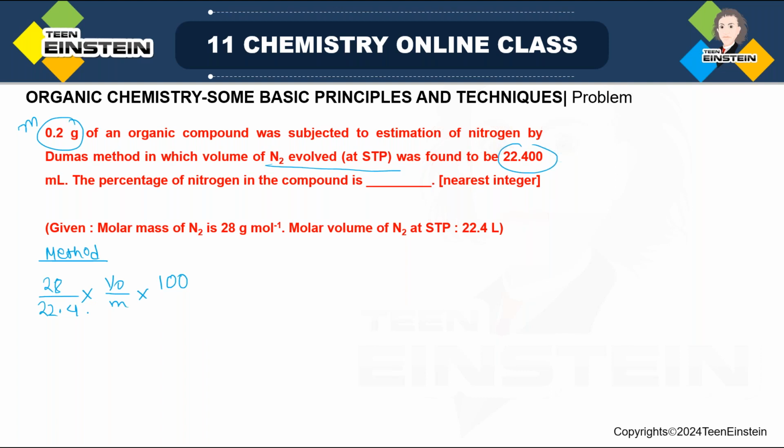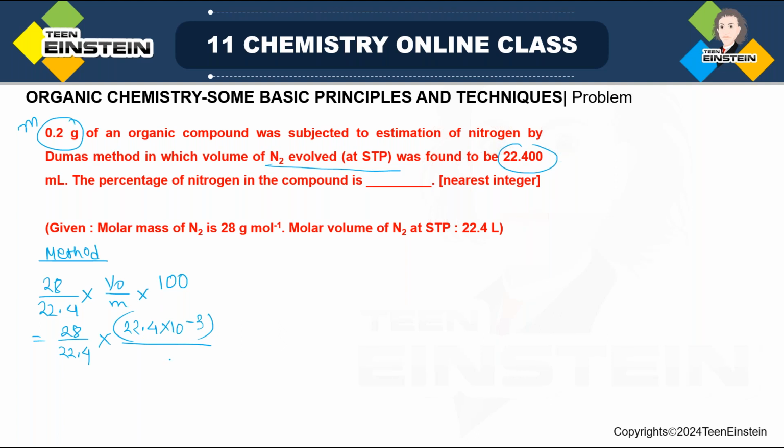Now here, if we put 28, 22.4, but remember when we determined this formula, all the volumes are in liters. Now in this case, it is given as 22.4 ml, so you have to convert it to 22.4 multiplied by 10 to the power minus 3. So ml you have to convert to liter, then only you can get the correct result.